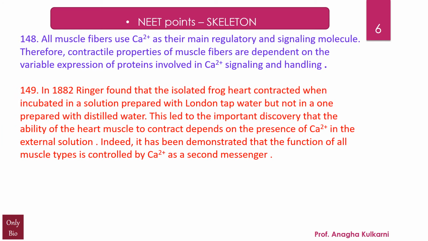Next, in 1882, Ringer found that the isolated frog heart contracted when incubated in a solution prepared with London tap water, but not in one prepared with distilled water. This led to the very important discovery that the ability of the heart muscle to contract depends on the presence of calcium in the external solution. Indeed, it has been demonstrated that the function of all muscle types is controlled by calcium as a second messenger.